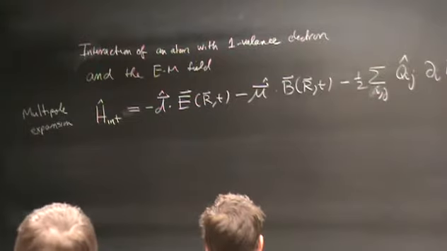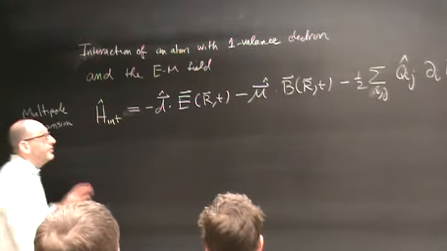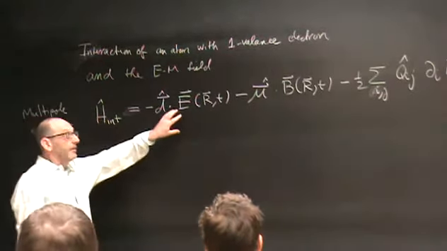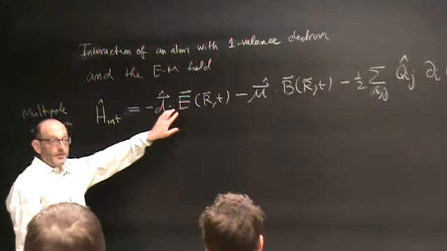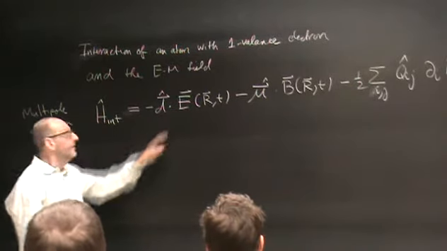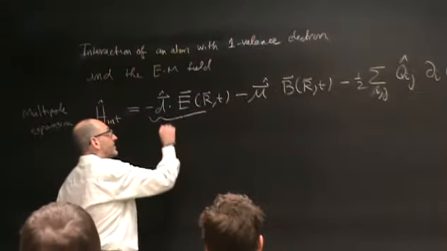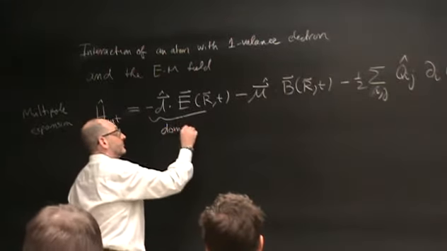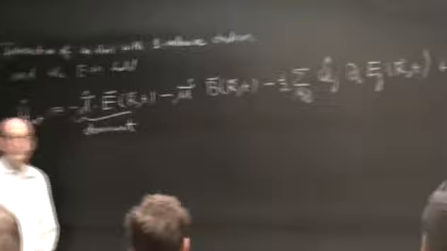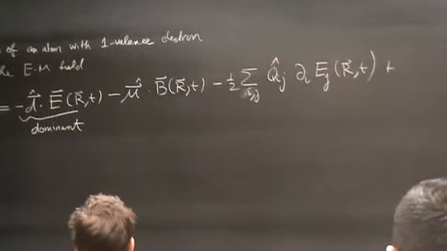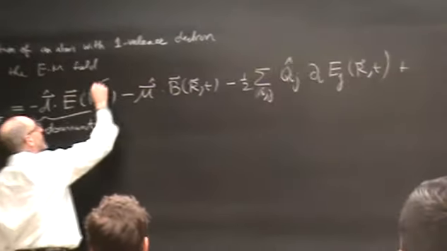So, what we have in the multipole expansion is that the lowest order multipole dominates. So this is the dominant interaction. R here is the center of mass position of the atom.